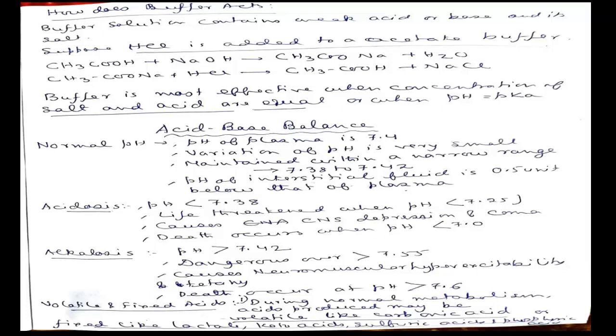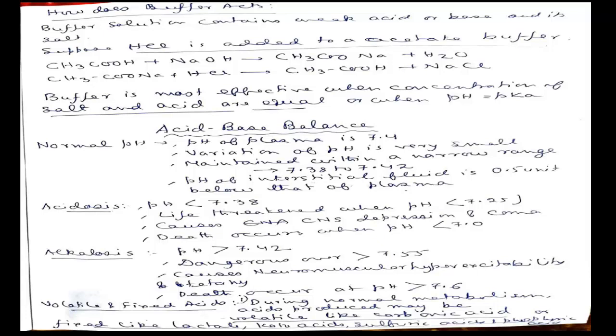Now, what is acidosis? pH less than 7.38 is called acidosis. Life is threatened when pH is below 7.25. It causes CNS depression and coma. Death occurs when pH is less than 7.